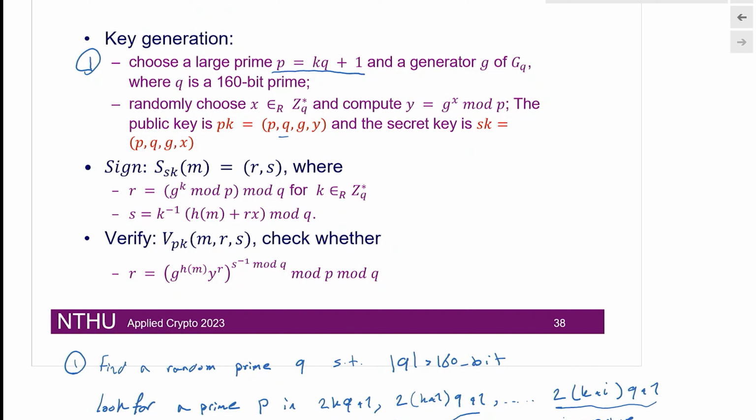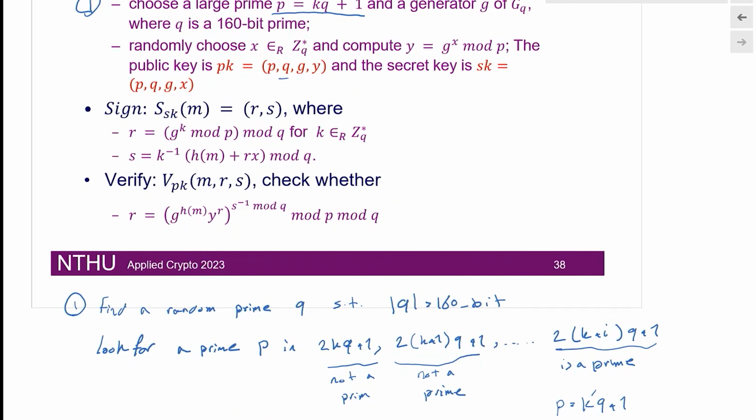Our secret key is also going to be P, Q, G, and X. So slightly different, at least for the key generation, the group that we are working on, and the representation of the keys, in that we now have that extra Q in both the secret key and the public key.